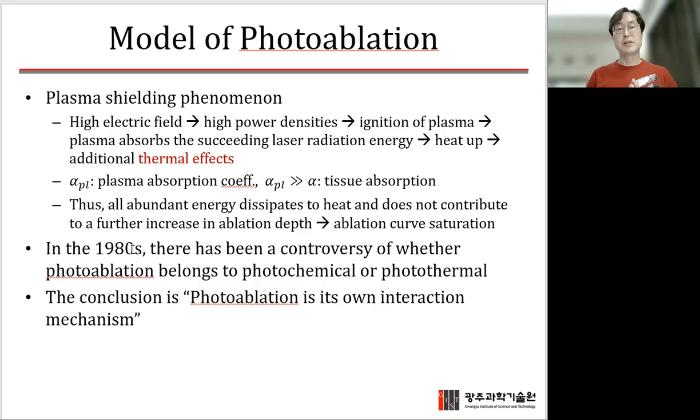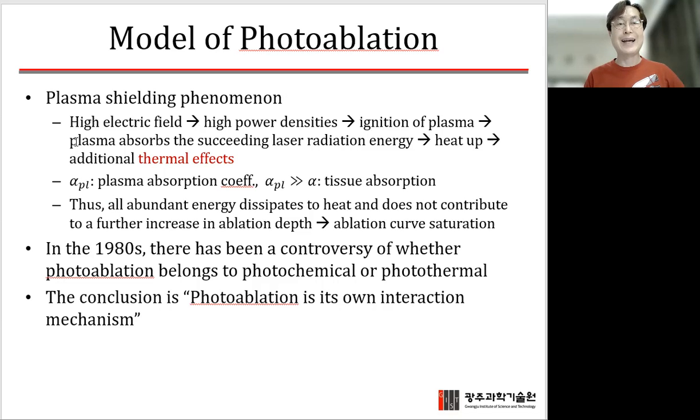As the name says, when the high intensity focused light generates the plasma, the plasma itself is going to absorb the following light to the same place, so that it is protecting the same region by absorbing more laser energy. That is why it is called the plasma shielding phenomenon.